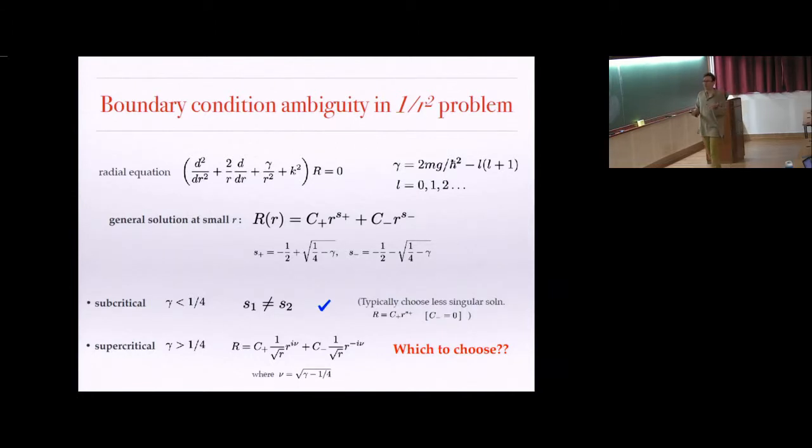But when you go into the so-called supercritical regime, gamma greater than 1/4, the fall to the center regime, then you have a problem, because the exponents here are complex conjugates of each other, and the real parts have the same sign.